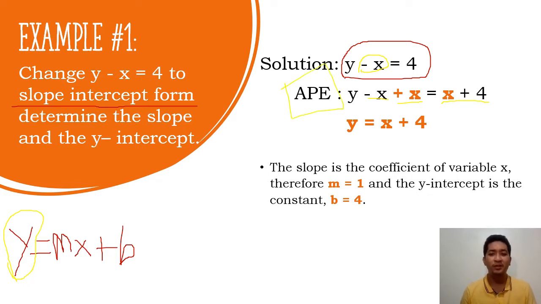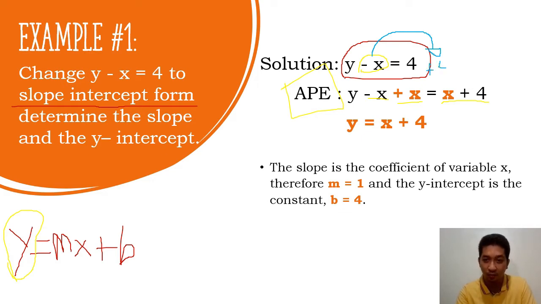So in some other cases, it is sometimes referred to as the transposition method, wherein instead of adding both sides of the equation with an x, you just transpose the x to the other side of the equation and it will become positive 4. So it's just the same.